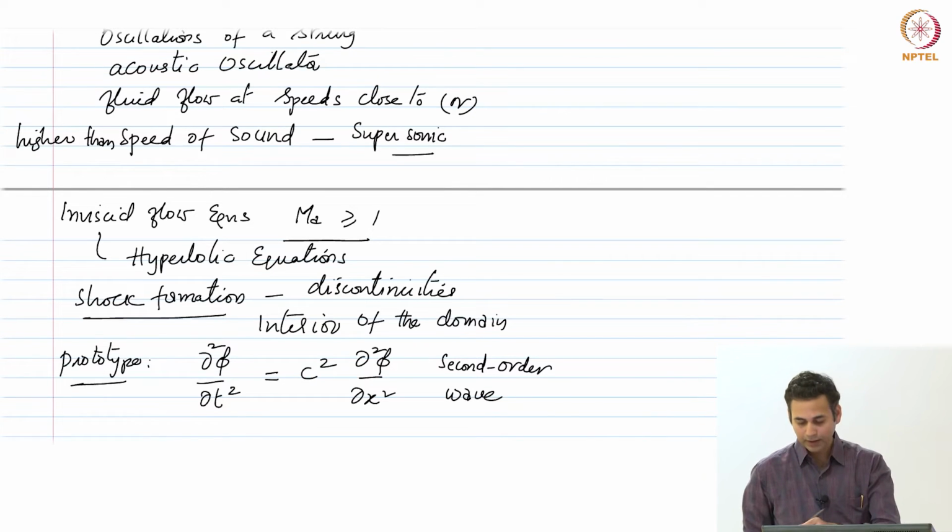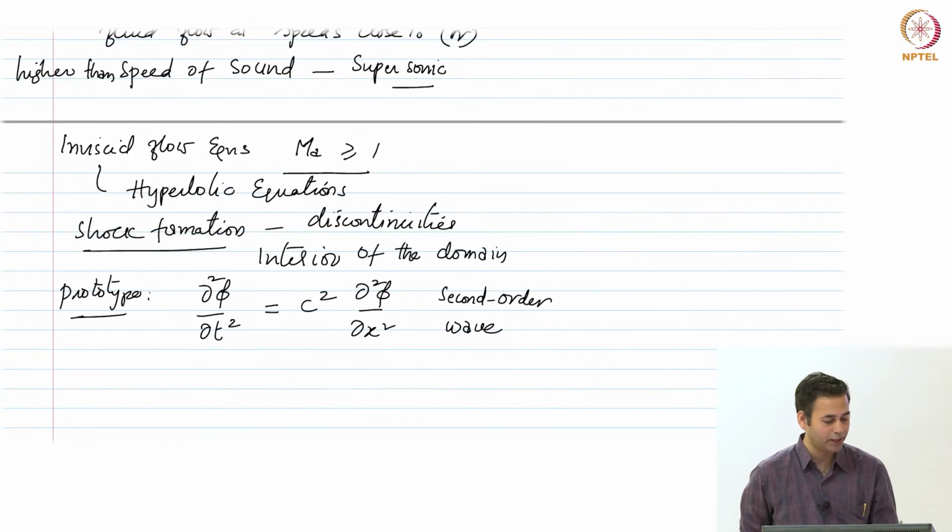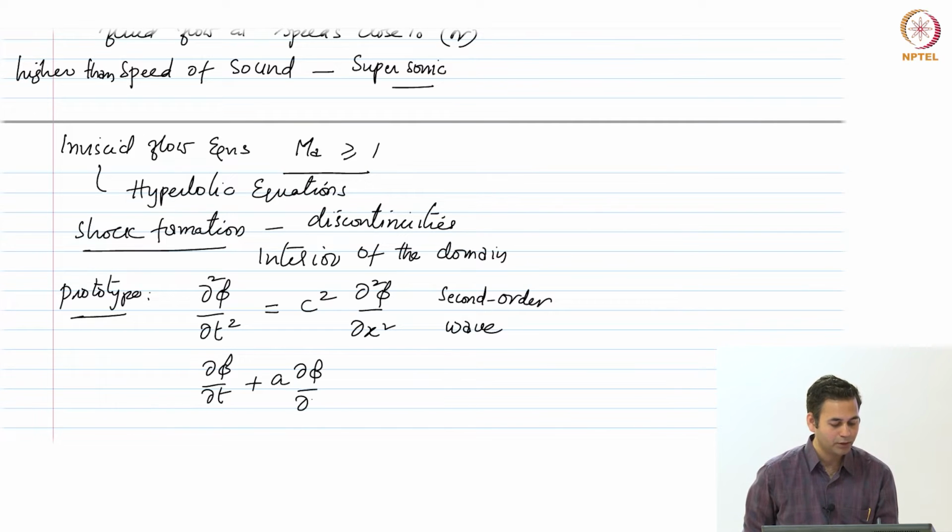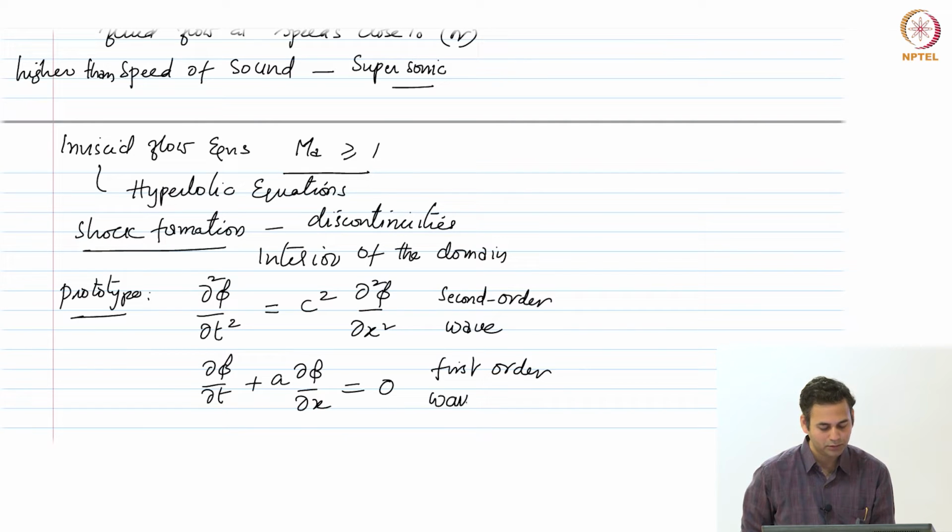Similarly, you can also have, of course, a first order wave equation, that is dou phi dou t plus a times dou phi dou x equals 0, okay. So, this is a first order wave equation.